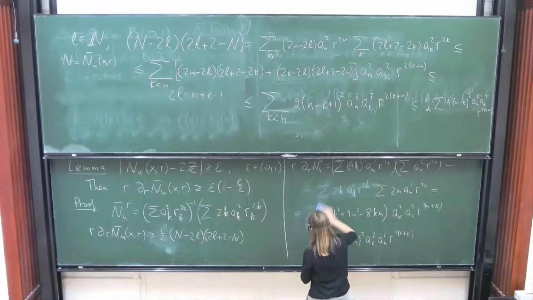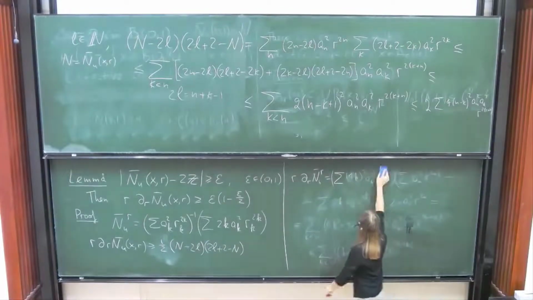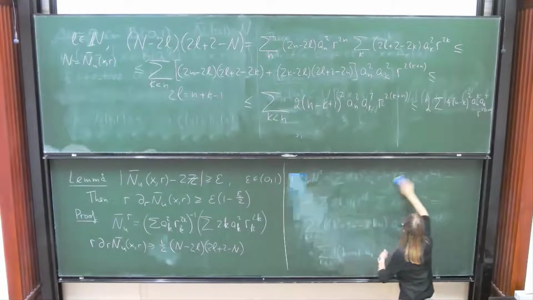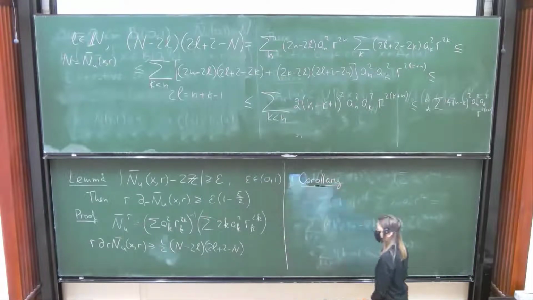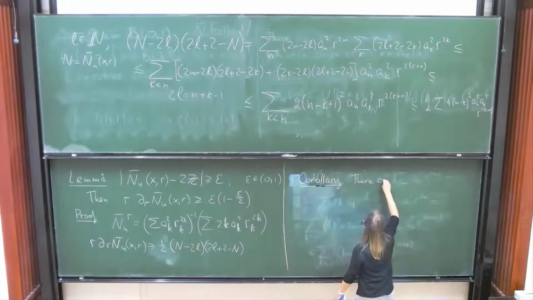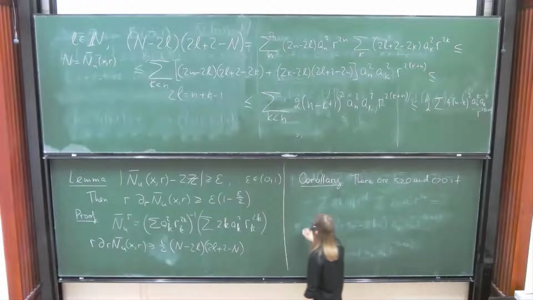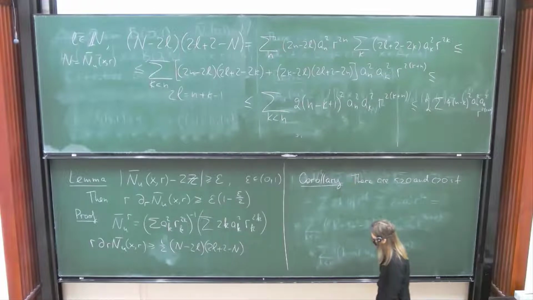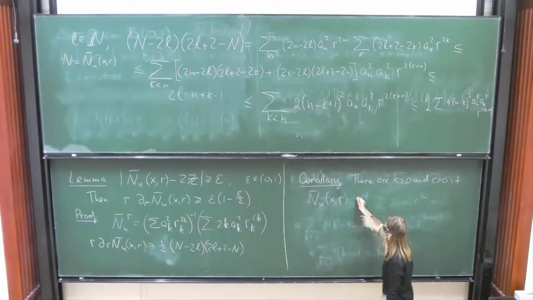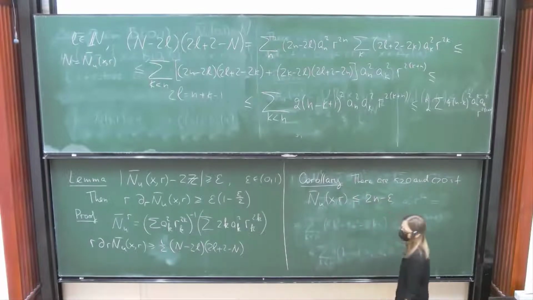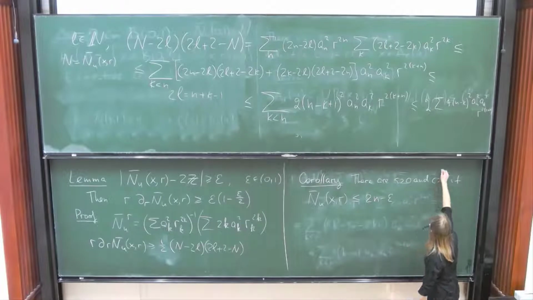So the conclusion is the following: there are epsilon and constant c, such that if your frequency is less than 2n minus epsilon, then when you drop by a multiplicative factor c in the radius, c is less than 1.